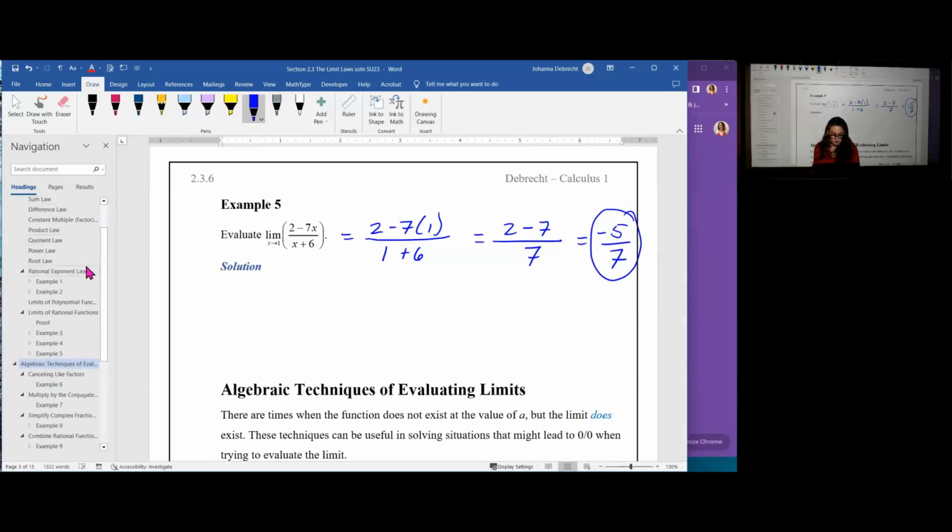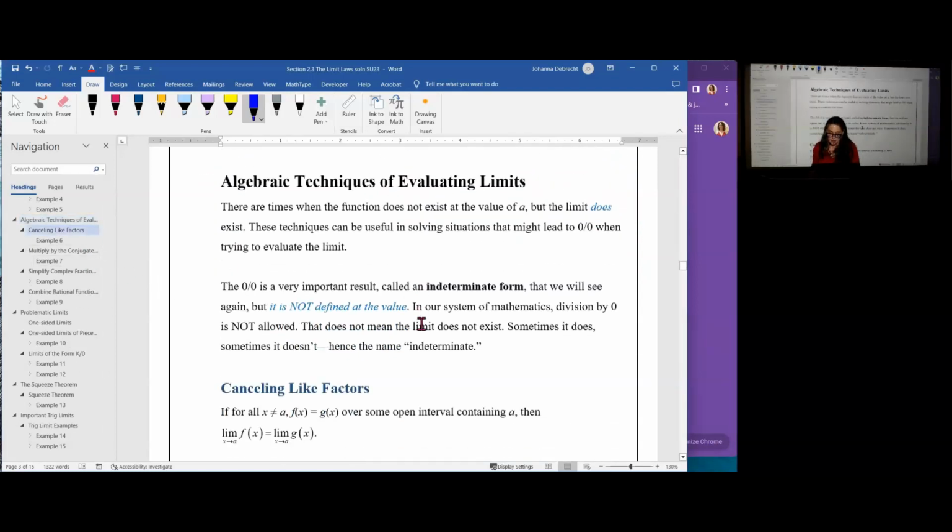We now want to turn our attention to algebraic techniques of evaluating limits. There are times when we plug in or substitute in the value of a, and we do not get a single finite real number. What we get instead is something called an indeterminate form.